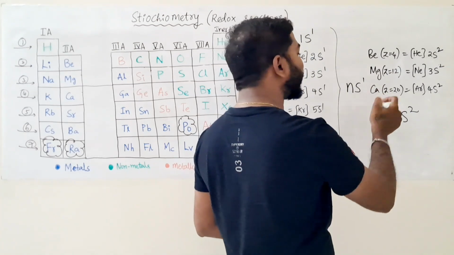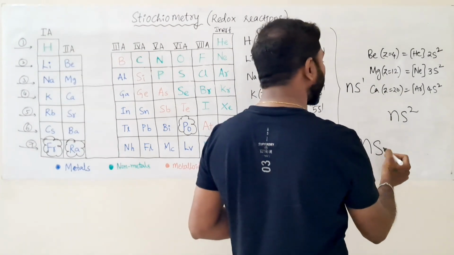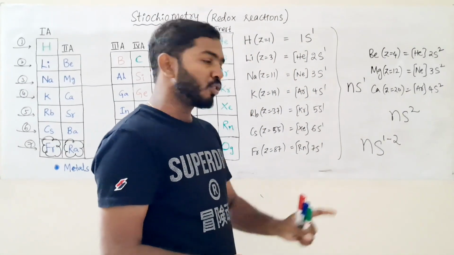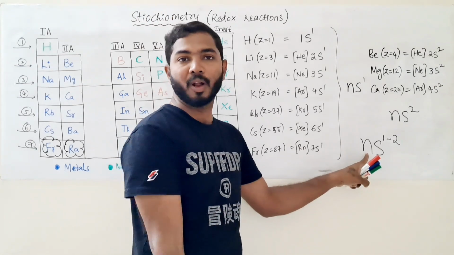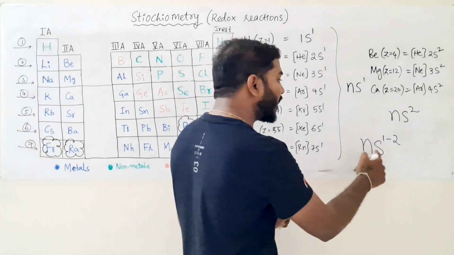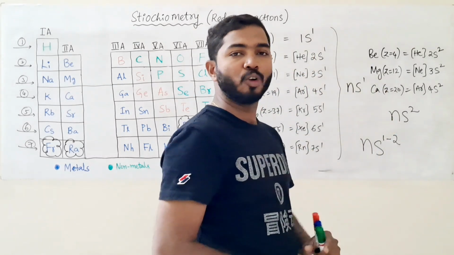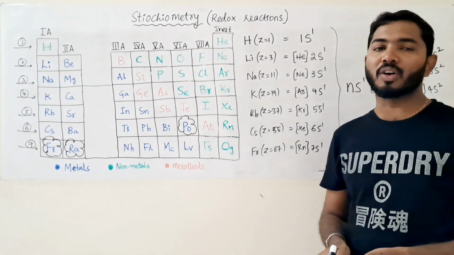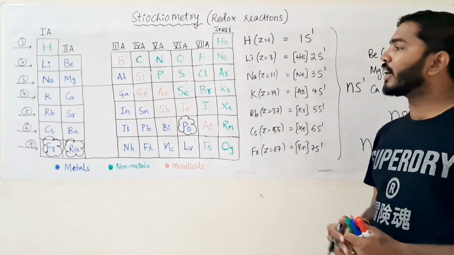So both together we can write for the entire s block, the electronic configuration is going to be ns1 to 2. So this is the general outer electronic configuration for the entire s block elements. So ns1 for 1A group, ns2 for 2A group elements. Clear? So likewise we can write down the electronic configurations for any of the elements. Okay, so please try to take the screenshot.